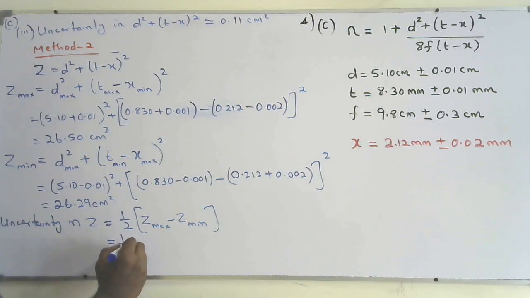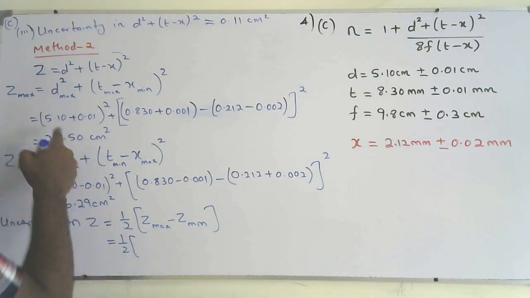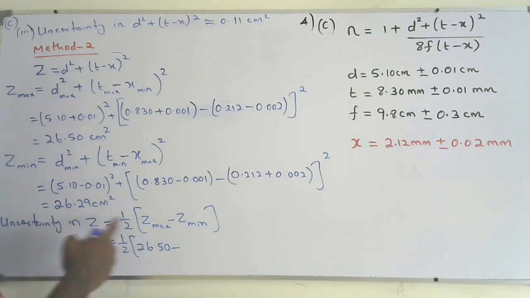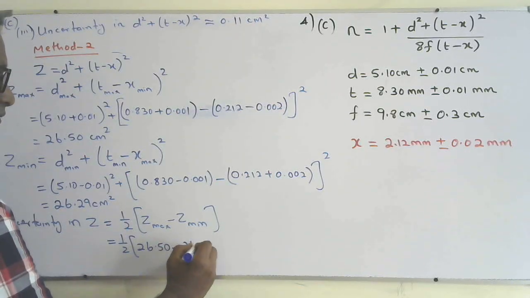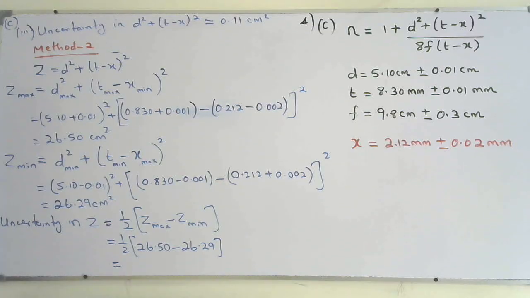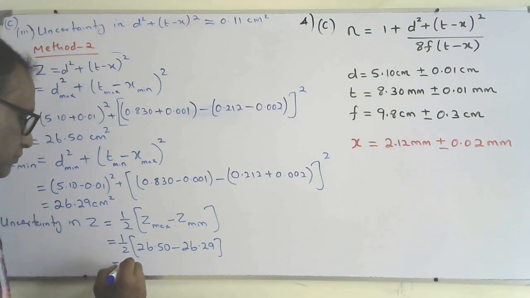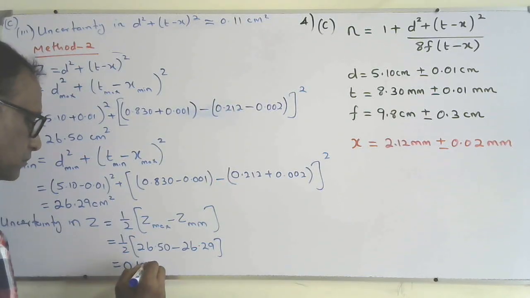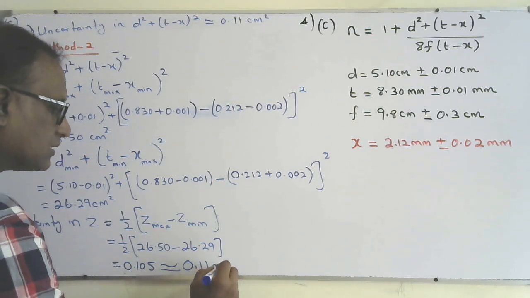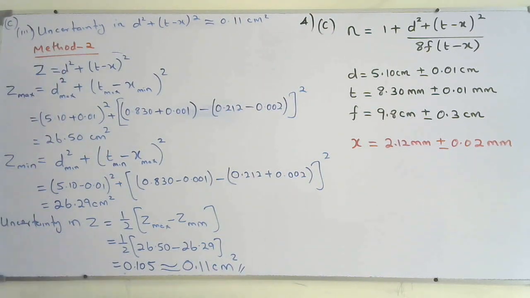So half z max is 26.50. Z minimum is 26.29. You will get 0.105. That means 0.116 centimeter square. Okay.